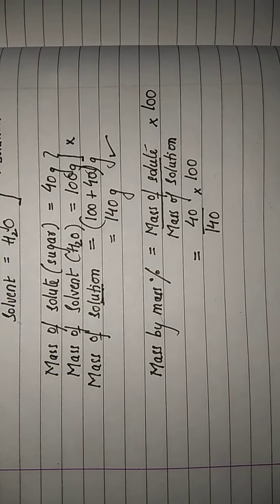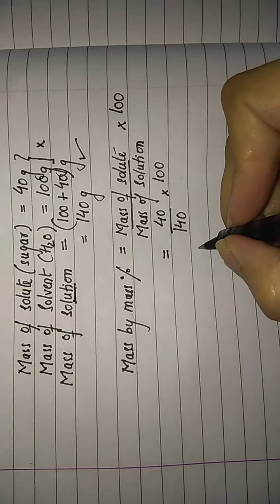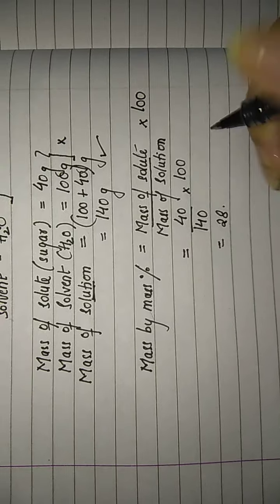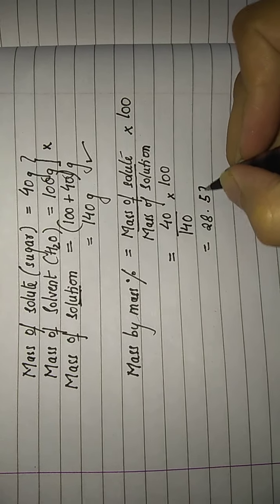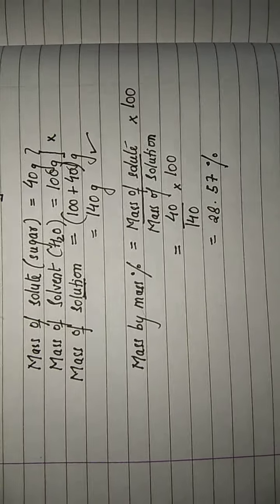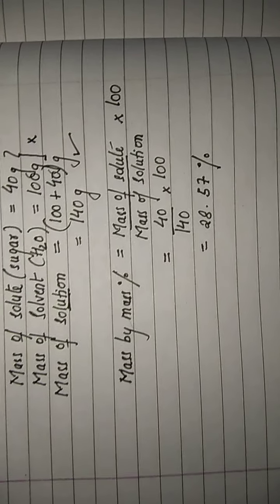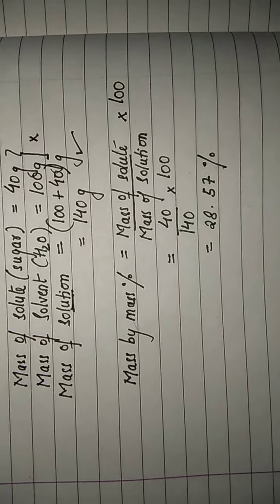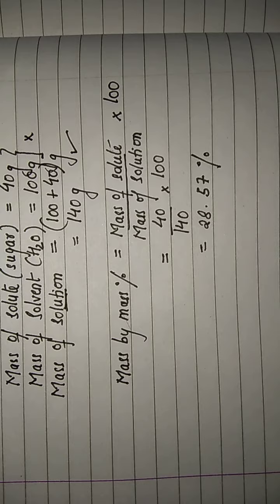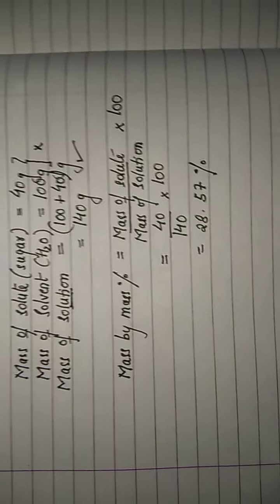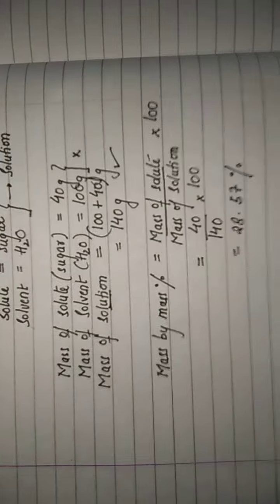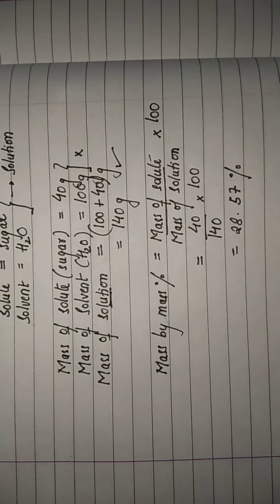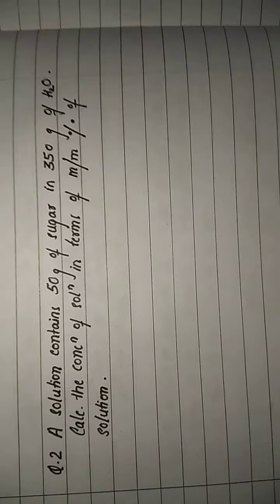Fine, this is how you will be calculating it. It will come out to be 28.57%. Why percent? Because it was mass by mass percentage. You are calculating the concentration in terms of percentage. Okay, so this is how you are going to calculate the mass by mass percentage of a particular solution.